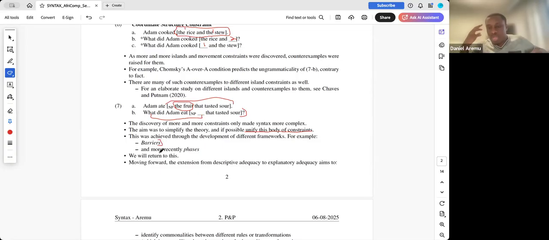It brings together this body of constraints and gives an explanation for why we have such constructions. Another example, one that is more recent and that people are really looking at right now, is phases. So with different phases, you don't move out of phases, and if you want to move out of a phase, there is a way you have to do that.